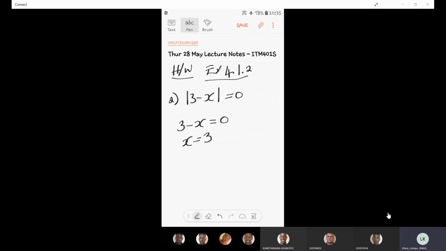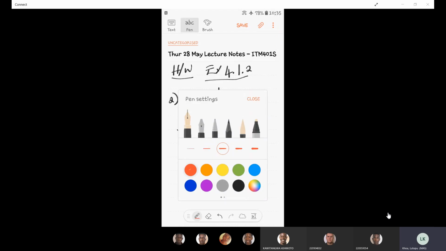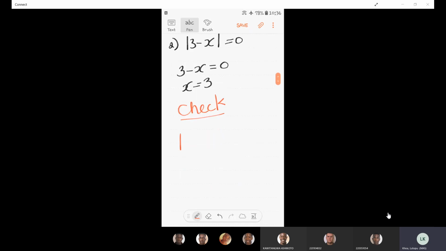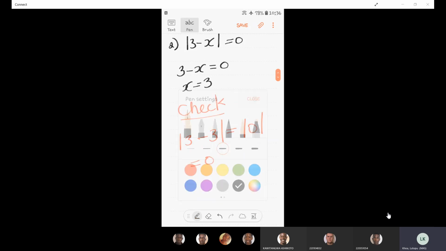Okay, so again, you always need to check. So with your check, you have absolute value of 3 minus x, and this is, sorry, 3 minus 3, this is absolute value of 0, and this is equal to 0 because 0 is 0 units away from itself. It is at 0, so the distance to 0 is 0.